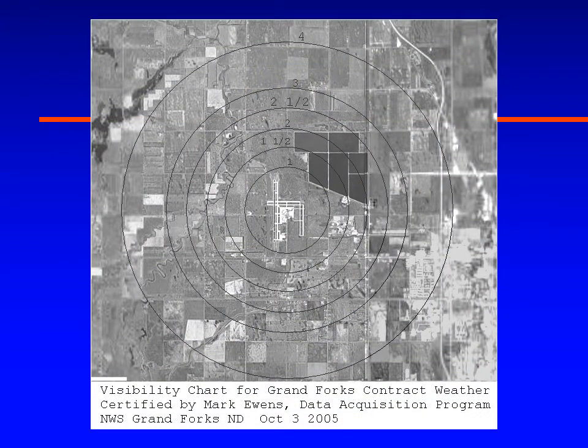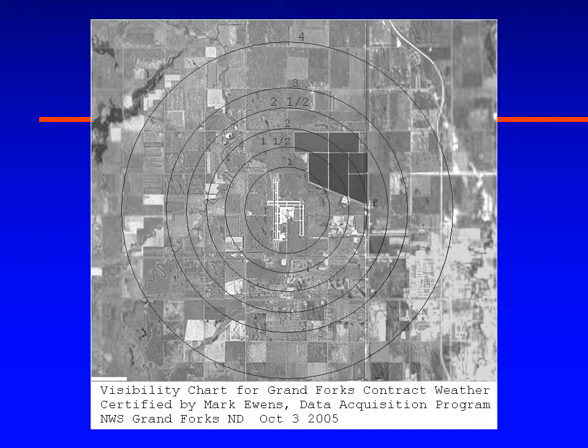So let's take an example. Grand Forks, there is a human being that's making the observation as well as the machine. So what the Weather Service does is they determine the visibilities around the airport by objects that can be seen and identified around the airport. So here in this picture you see Grand Forks International Airport.